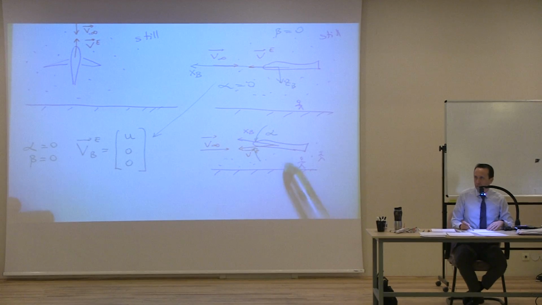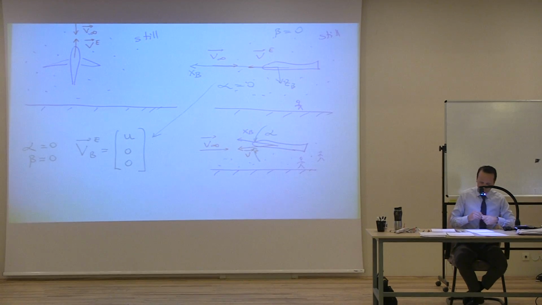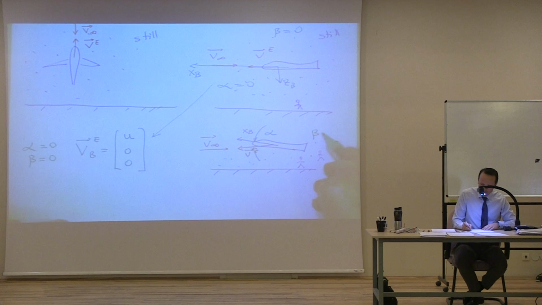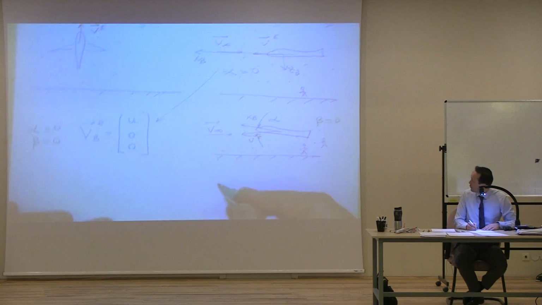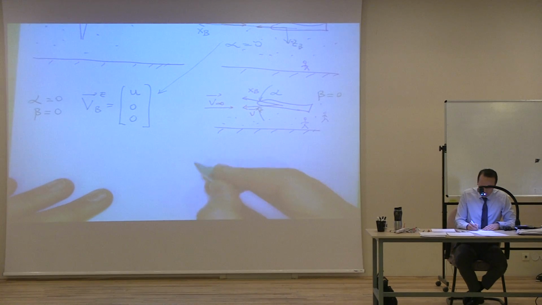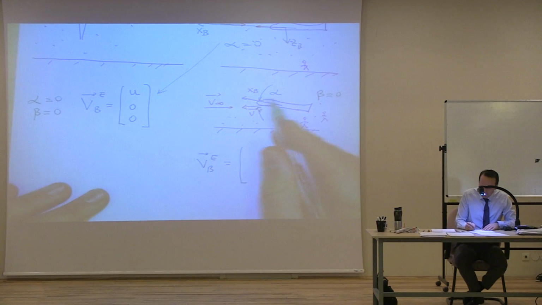Let's look at this one here. Let's say beta is equal to 0 again, so nothing is coming from the side. Try to write this one. What will V body E look like? There will be a certain U, right? In fact, it will be V cosine alpha, I believe.